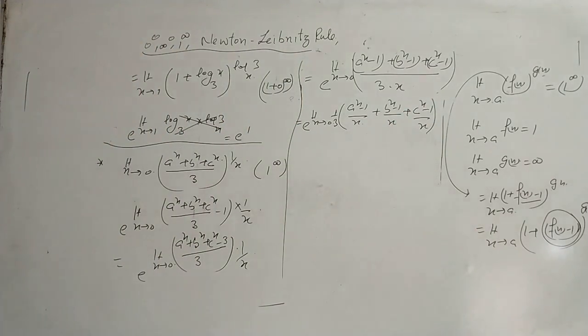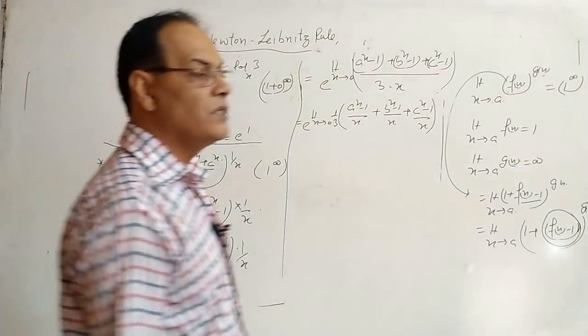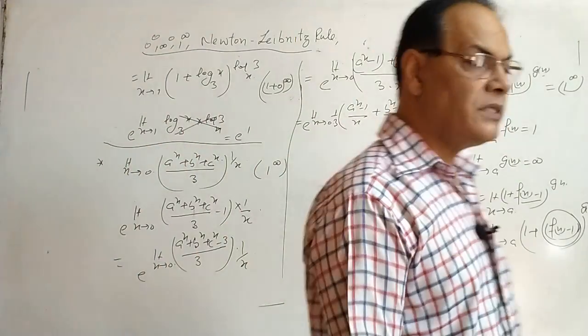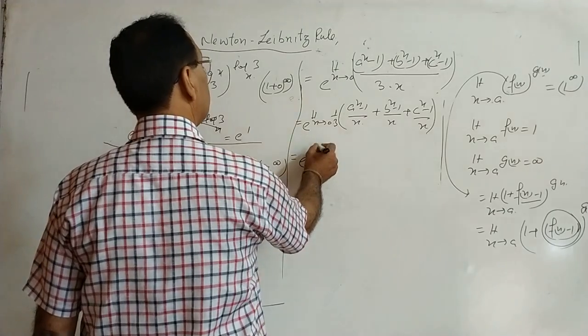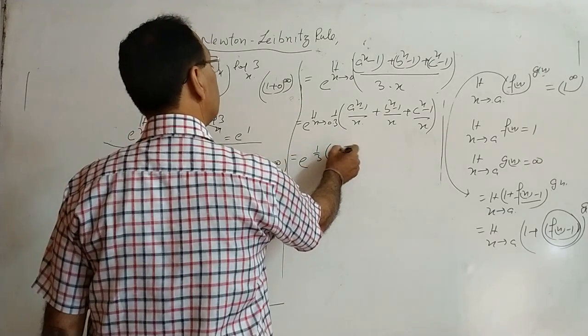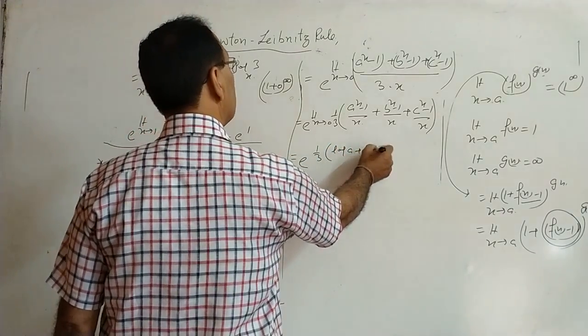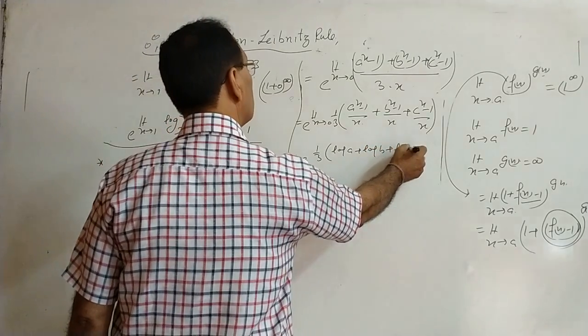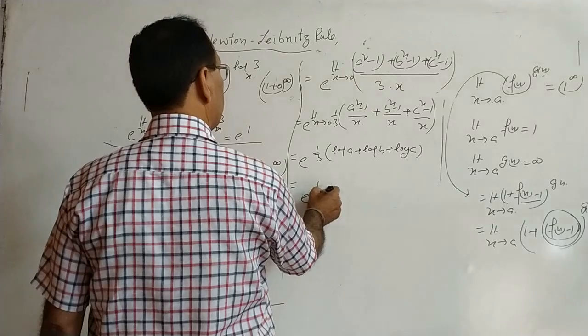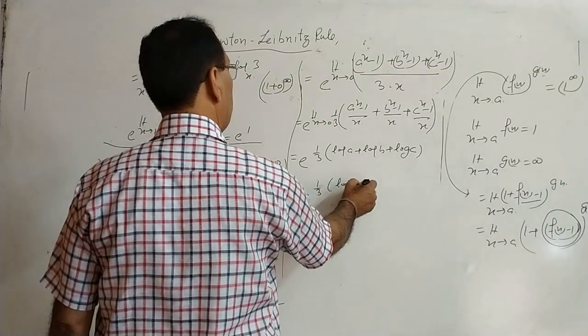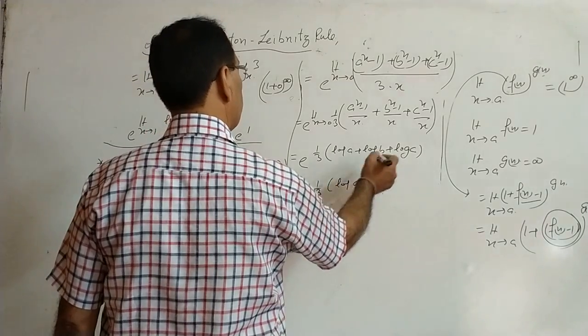But we know that when x approaches to 0, a raised to power x minus 1 by x becomes log a. So what can we write, e raised to power 1/3, it is log a plus log b plus log c. Or we may write it is log a into b into c.